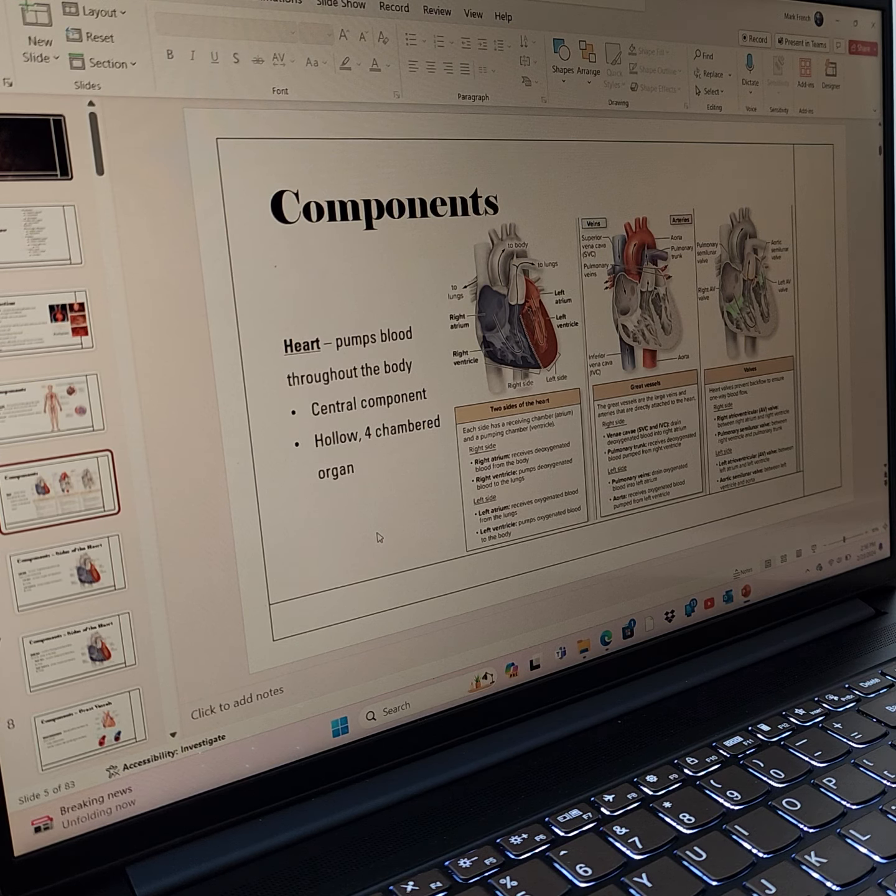Right atrium receives deoxygenated blood from the body. Right ventricle pumps deoxygenated blood to the lungs.